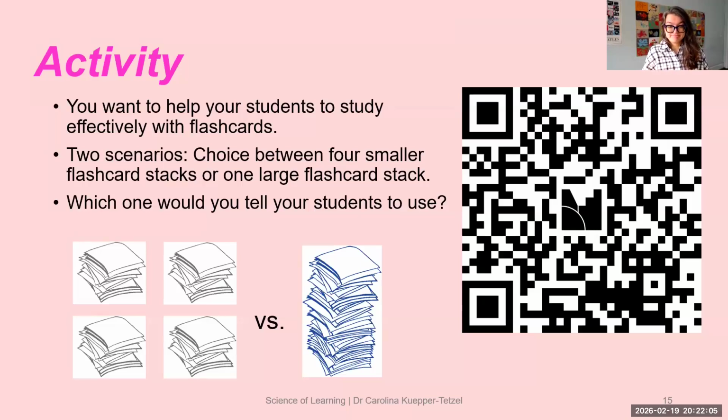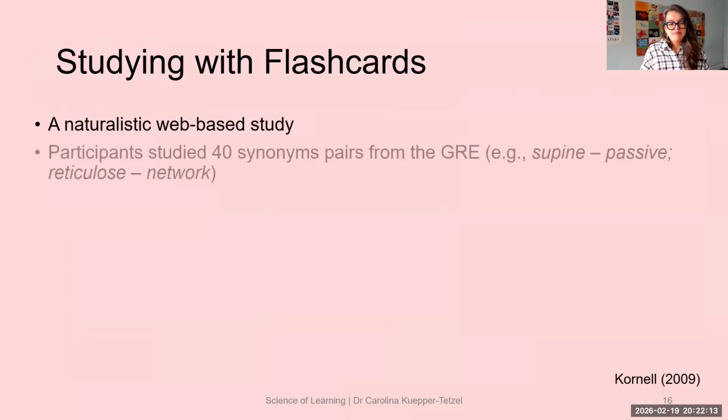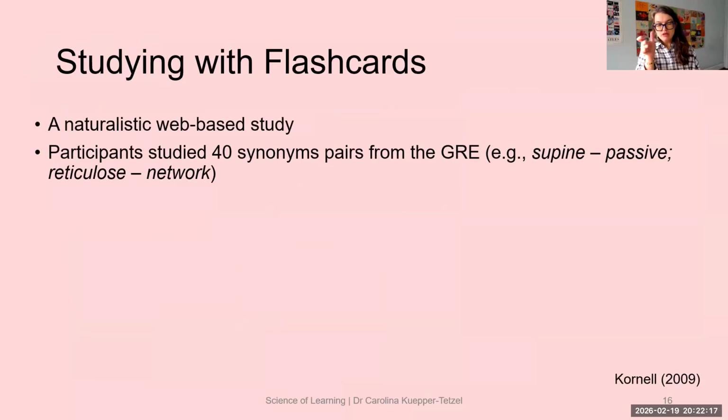large stack. Now, because this study has actually been done, so they used a web-based study with the studying of synonym pairs of the university entry test in the US.